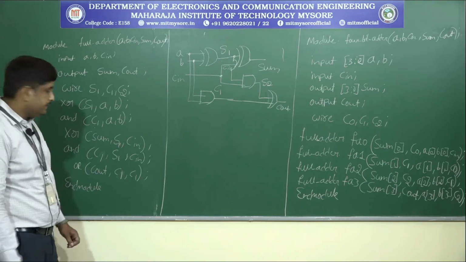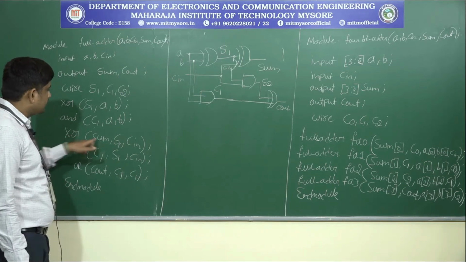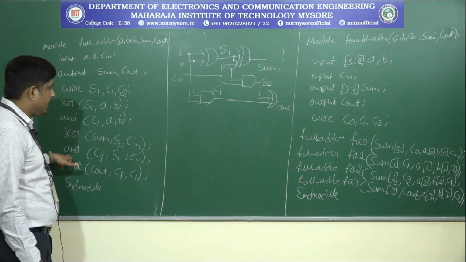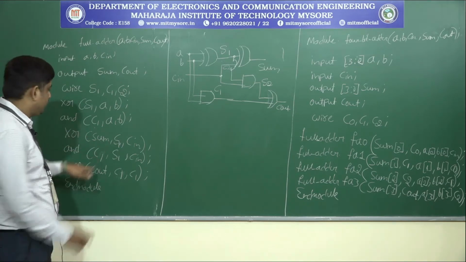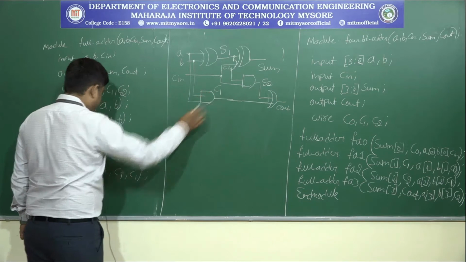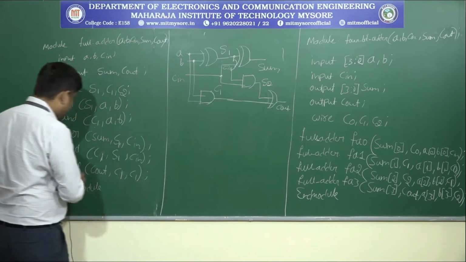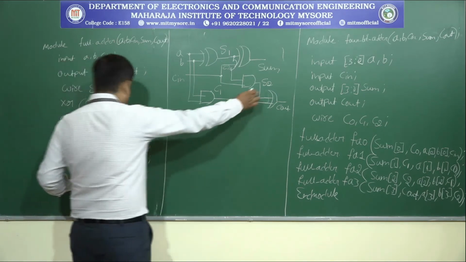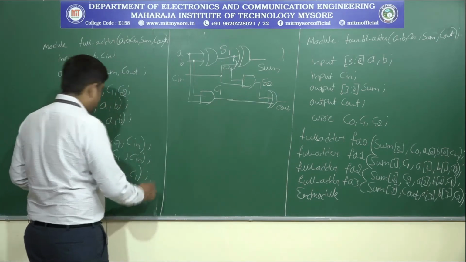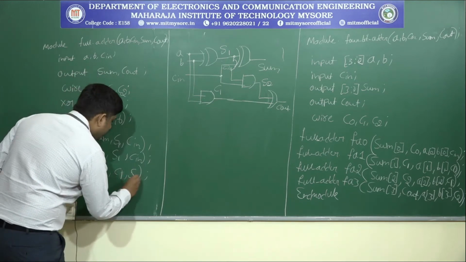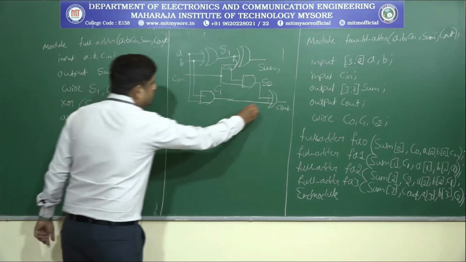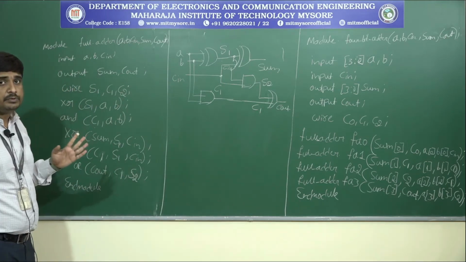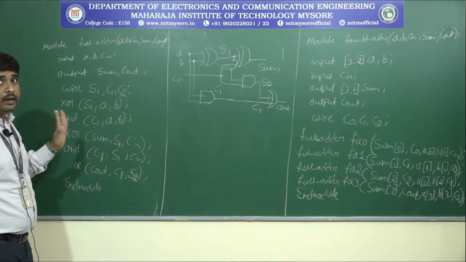Then AND: the inputs are S1 and Cin, and the output is C1. Finally the OR gate. What are the inputs for the OR gate? S2 and one more, that is C1, and it produces carry out. So this is the structural description for a full adder circuit.